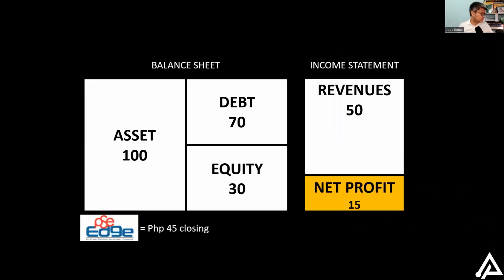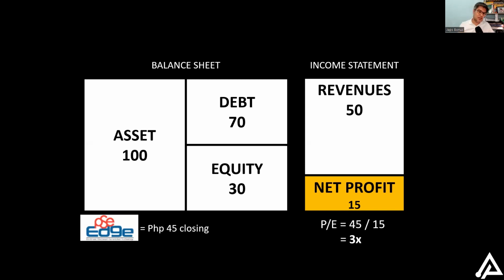Let's have an example. The balance sheet says the total assets 100 million, funded by 70% debt, 30% equity. Revenue is 50, net profits is 15. The stock price closed at 45 pesos per share. If there's only one share, the price to earnings ratio is 45 divided by 15 or 3 times.